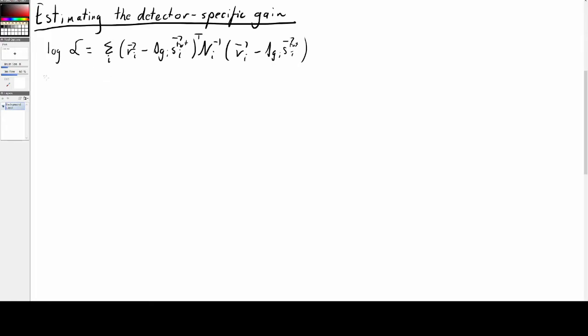And then we can form our Lagrangian, which is this function plus lambda times the constraint. So again, it is log likelihood plus lambda times this thing.